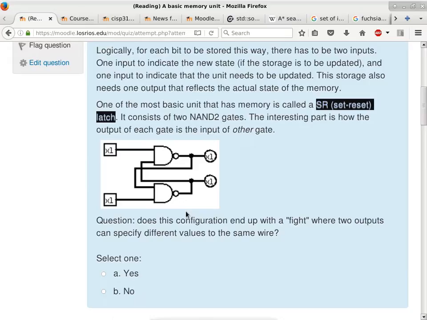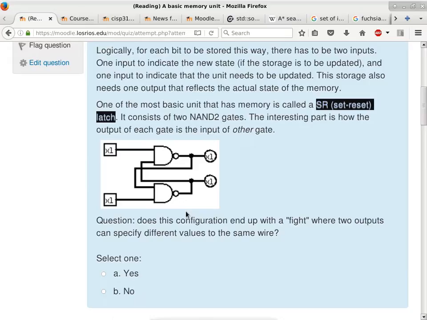The first gate takes one input from an input pin, but the other input comes from the output of the other gate. Looking at it the other way around, it is exactly the same. In other words, you can flip the design upside down, and it looks exactly the same. It is symmetric.